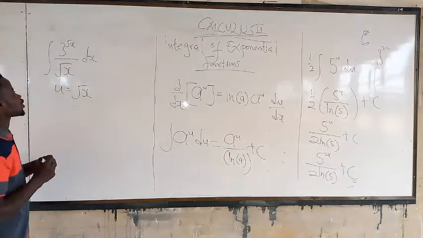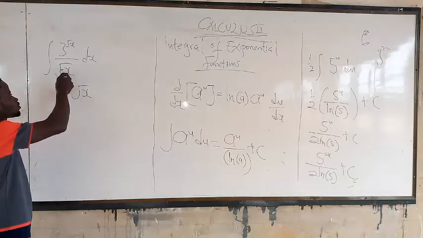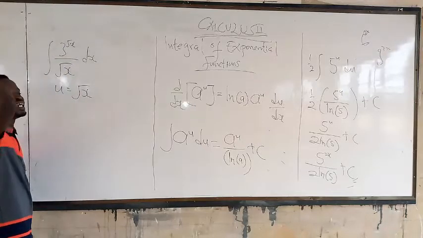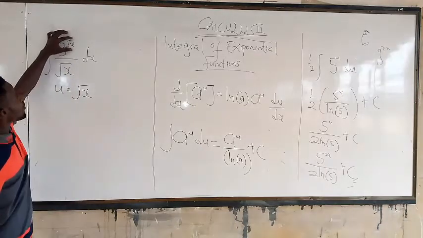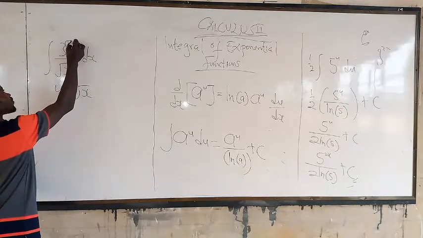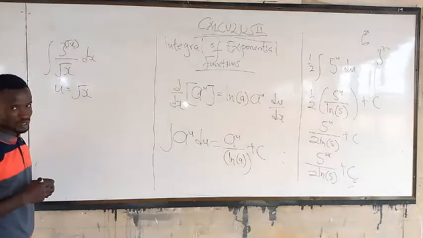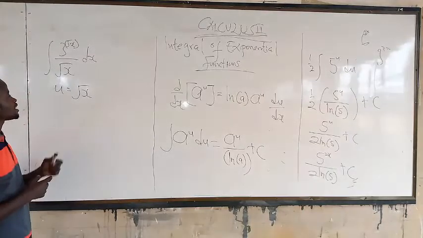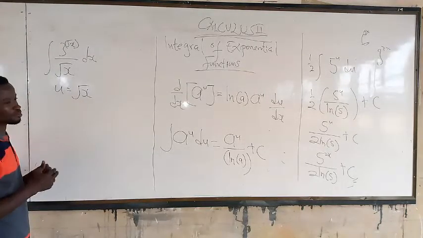But which of it? Is it this one or this one? Don't forget that the power we have here is like an argument. So this is the one inside of something. So we let that be equal to u.